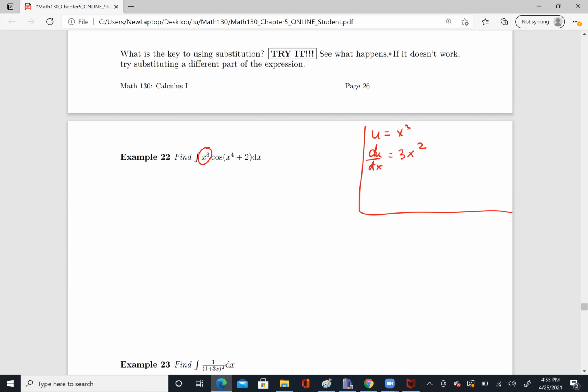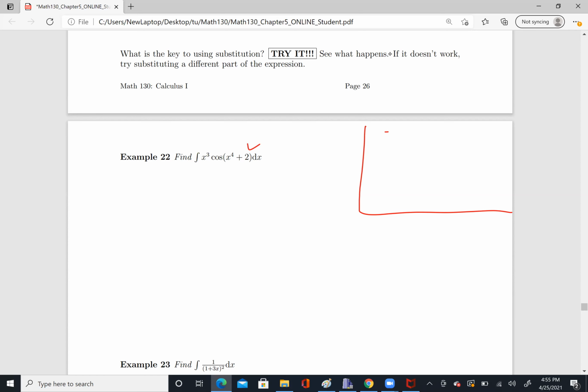And then you don't see any 3x squared term in the original function over here. So there's no way to get rid of this if you do this substitution. So you don't want to substitute u equal to x cubed. For this case, we don't want to use x cubed as u.